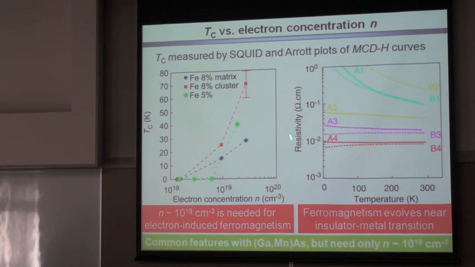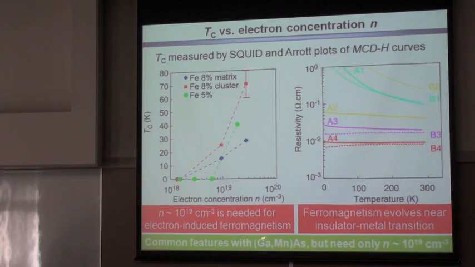And this is resistivity as a function of temperature. These metallic samples are ferromagnetic, and these insulating samples correspond to the paramagnetic samples. And the threshold electron concentration to induce ferromagnetism is about 1 times 10 to the 19th.